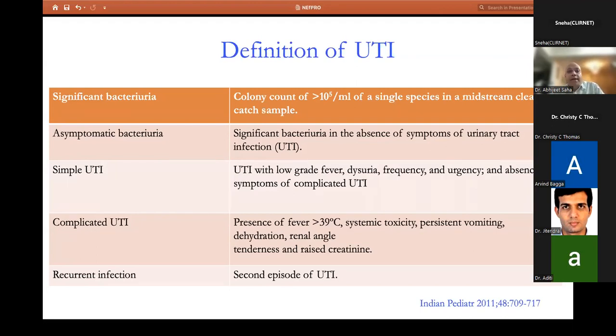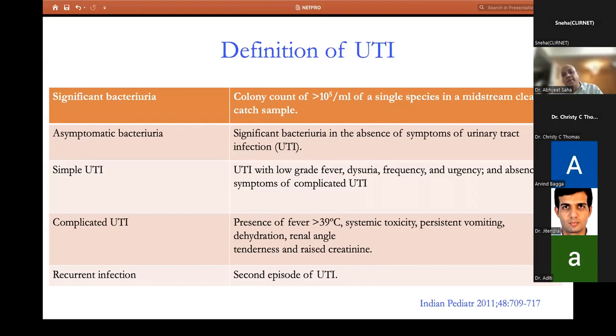Now, asymptomatic bacteriuria is significant bacteriuria in absence of symptoms of urinary tract infection, which can be seen sometimes in healthy people also. Now, UTI can be simple, as in that there is a low-grade fever, dysuria, frequency in the absence of symptoms of complicated UTI. And what is complicated UTI?